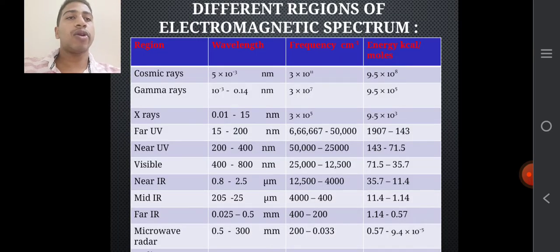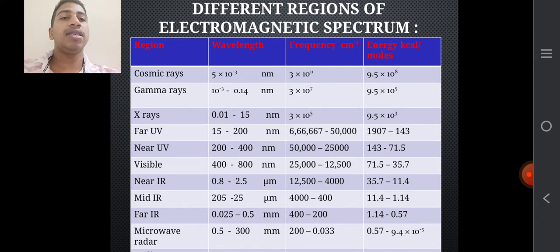Different regions of the electromagnetic spectrum. This table represents the regions. For cosmic rays, the wavelength is 5 x 10^-3 nanometer, frequency 3 x 10^11, and energy 9.5 x 10^8.